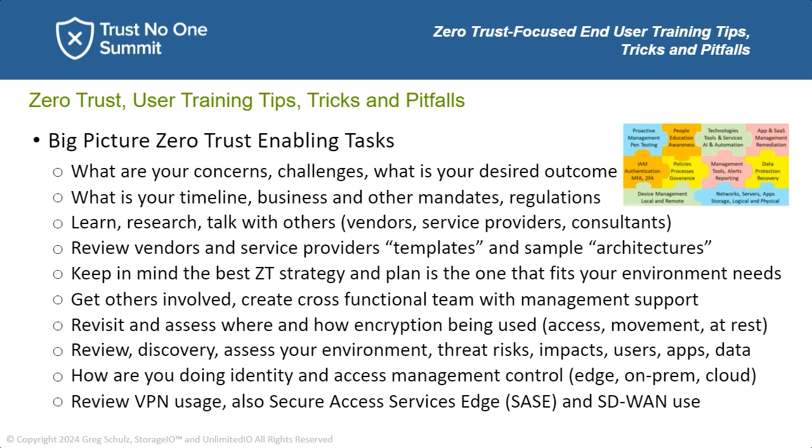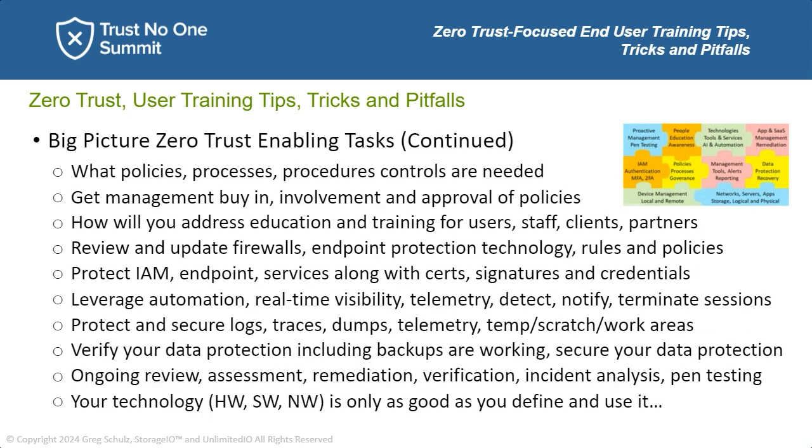So revisit and assess where and how encryption is being used, both at the core, at the edge, on all your mobile devices, as well as when data is in flight. And assess your environment. How are you doing identity and access management today at these different locations? Revisit how you're using VPNs and other endpoint technologies.